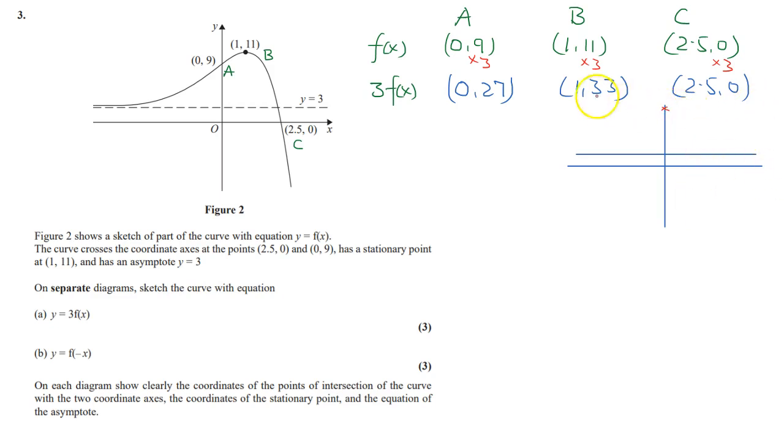So our points for the graph of 3f(x) will be 0 and 27, very high here. Let's say this. 1 and 33. Say 1, say 2, say 3, 2.5 and 0. This is A, this is B, and this is C. So the shape of the graph will remain the same.